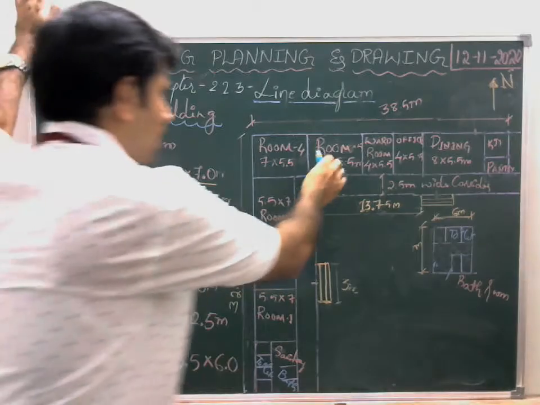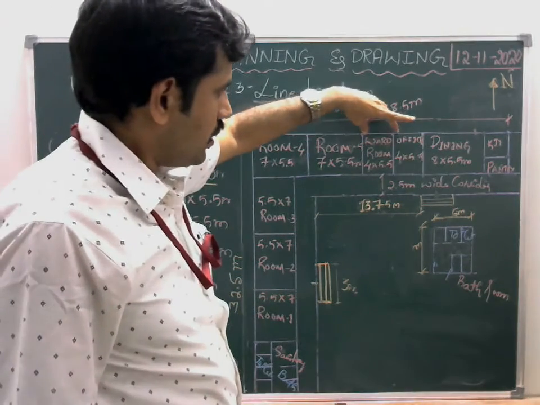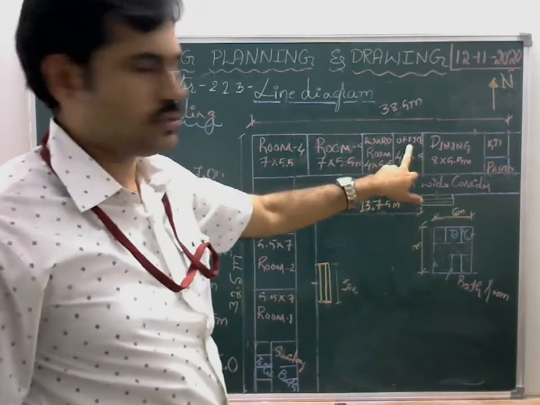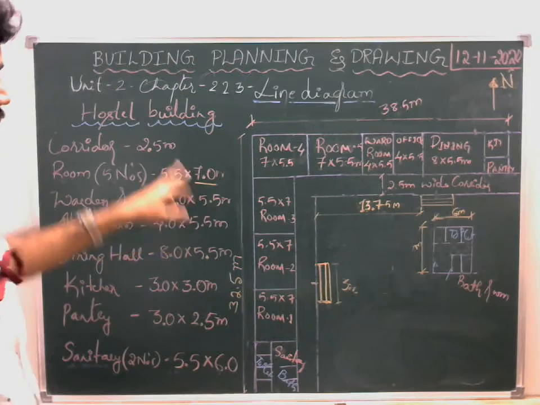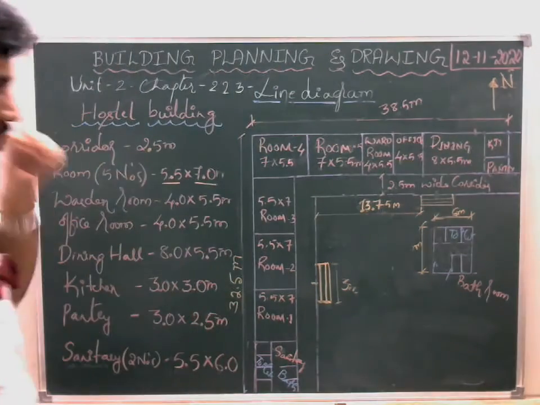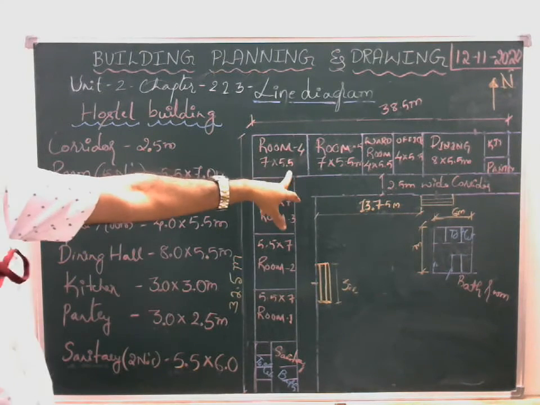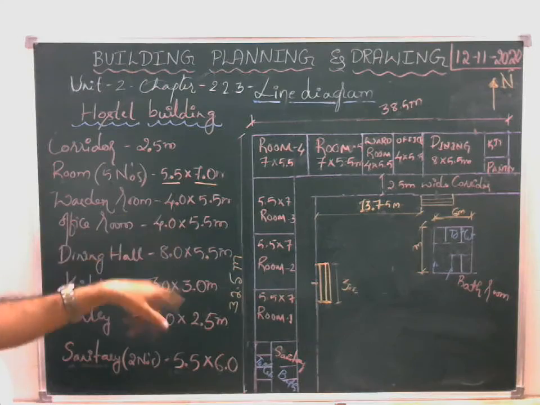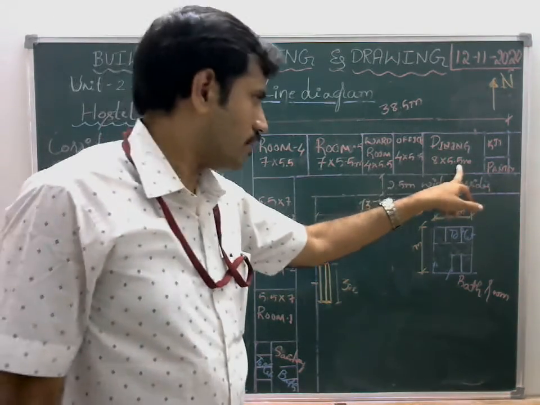Beside that I have provided a warden room, and beside that I have provided an office room of size 4 into 5.5. You can observe here, this row dimension will be 5.5 meter. Now to retain the structure shape, they have provided the same dimension 5.5, 5.5, 5.5, 5.5 and 5.5.